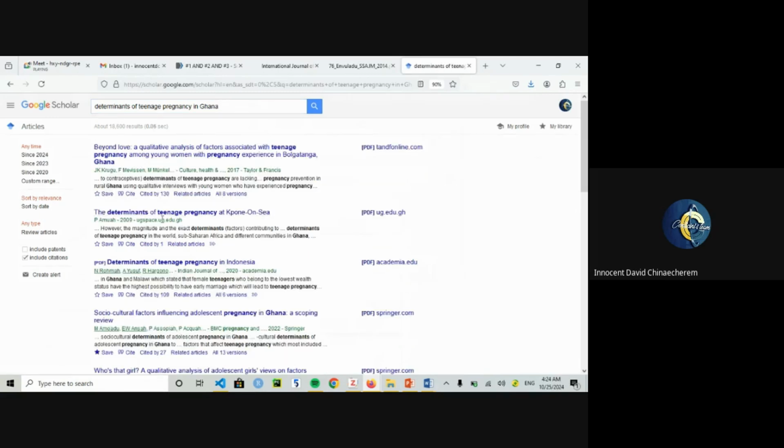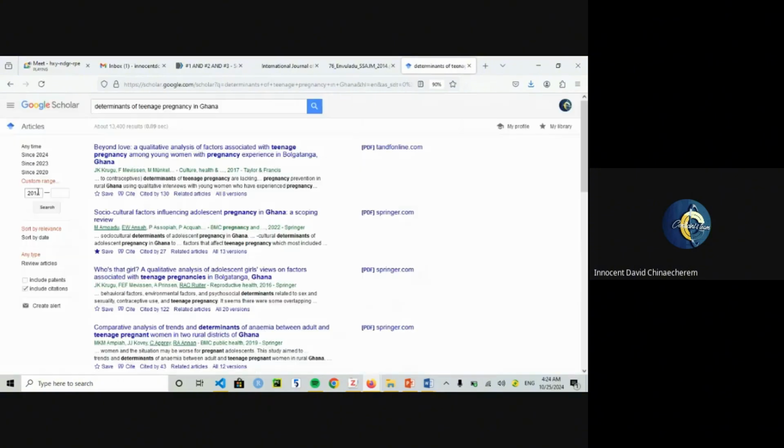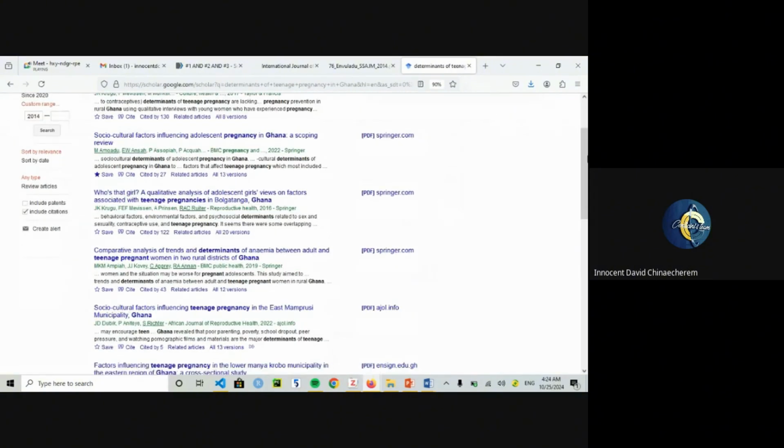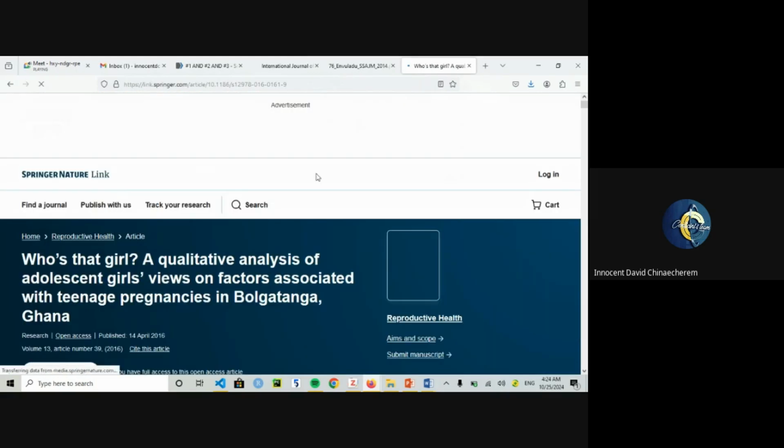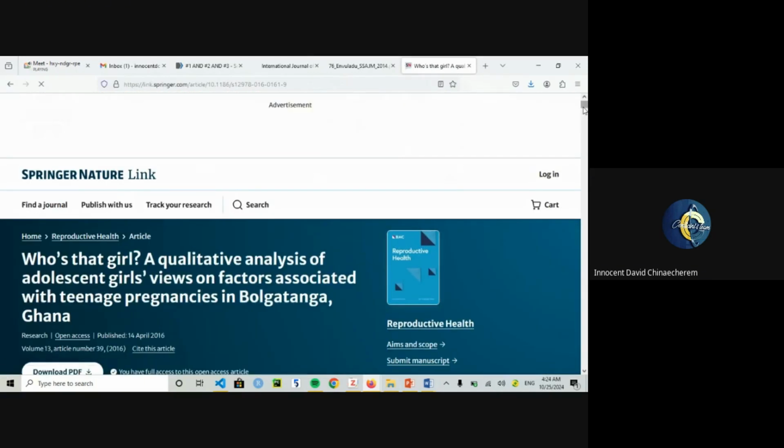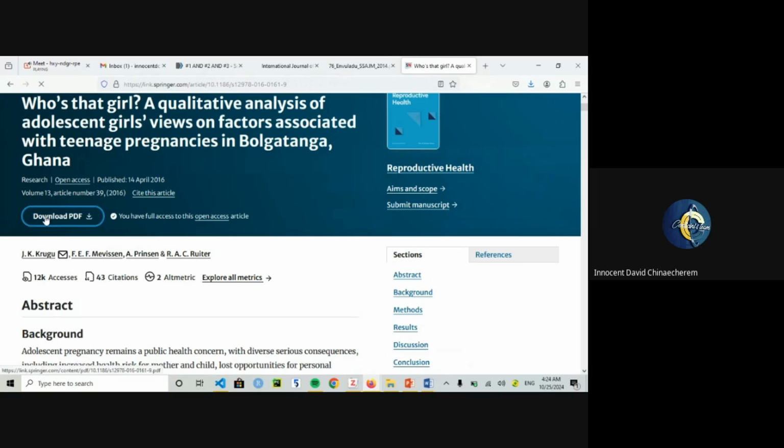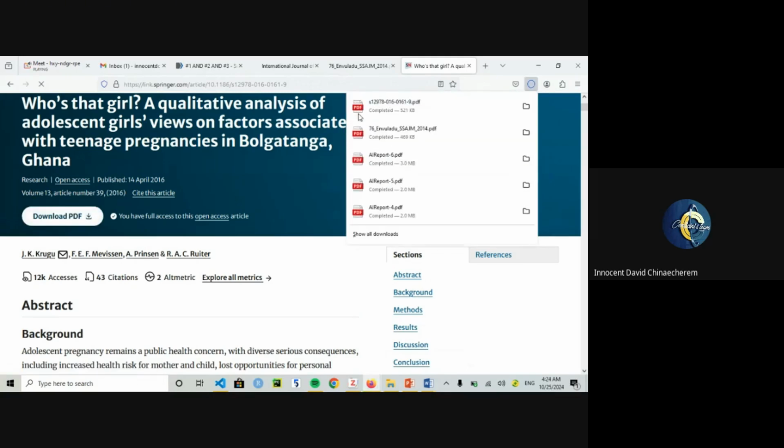Okay, got that correct. So set the custom range to 2014. Okay, cool. Let's have this paper as well. Okay, do we need the PDF? Fine.